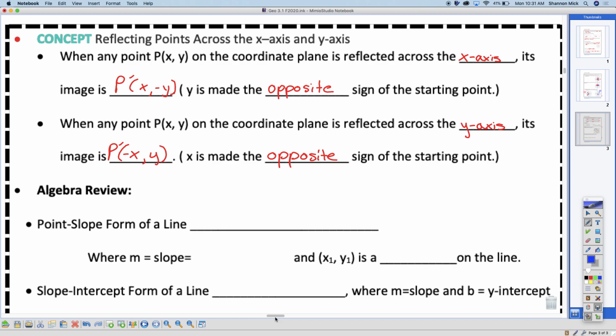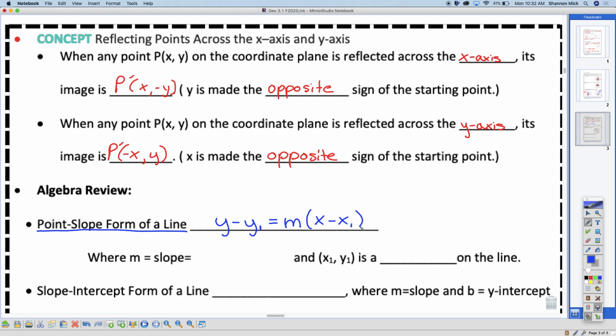Okay, so we talked about it being the opposite. Algebra review. Point slope form of a line is y minus y sub 1 equals m times x minus x sub 1.